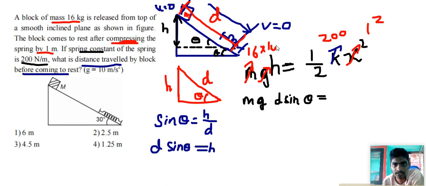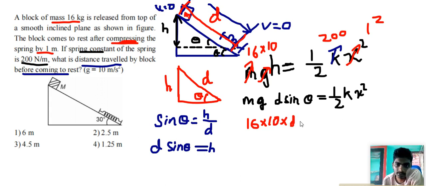So 16 into 10 into d sine theta is equal to half k x square. The incline is 30 degrees, and sine 30 degrees is 1 by 2.